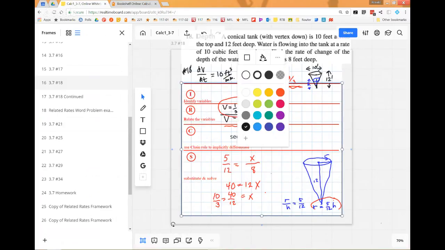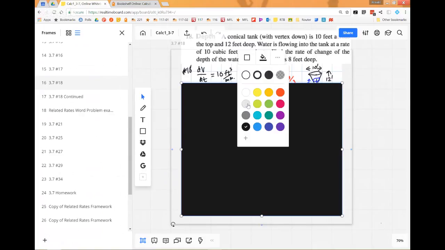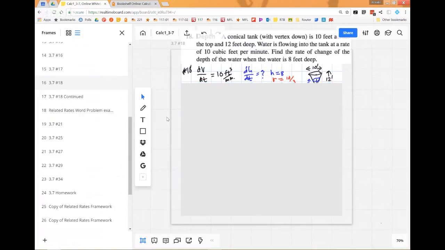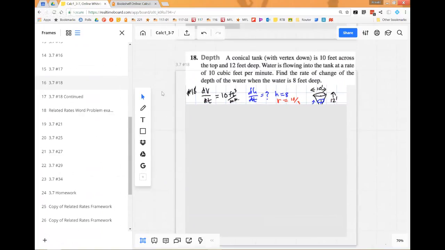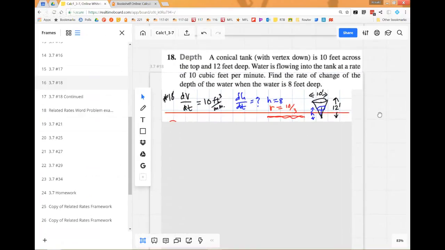A conical tank, so it's a cone with vertex down, is 10 feet across at the top and 12 feet deep. So you can see my little sketch right here on the right. Let me make this a little bit bigger.